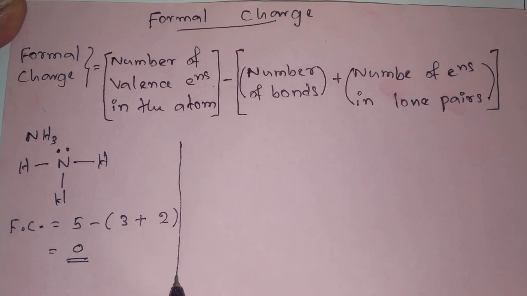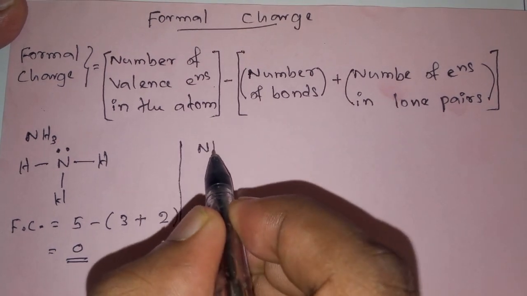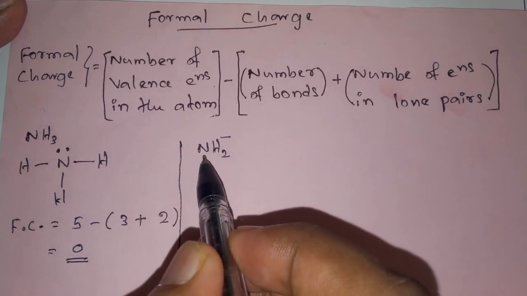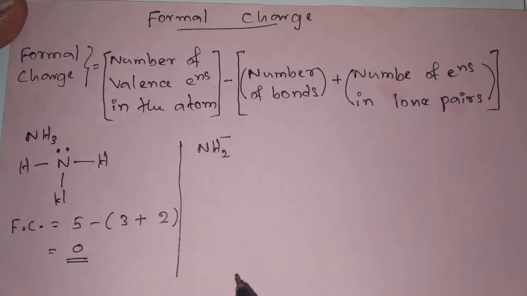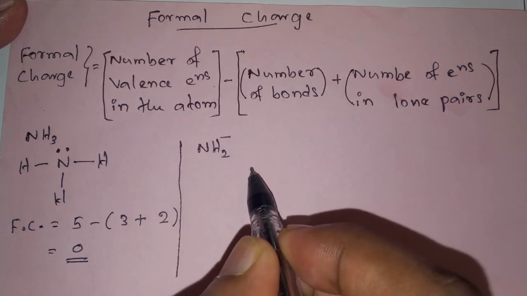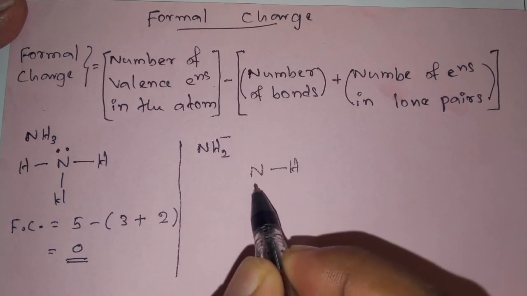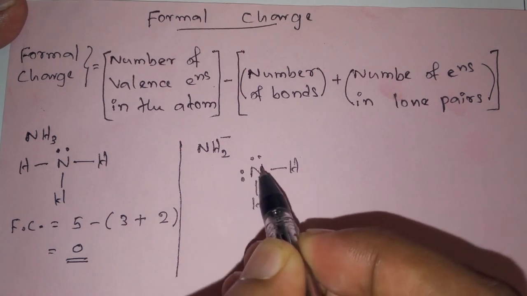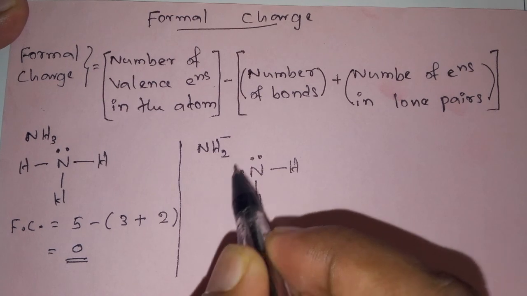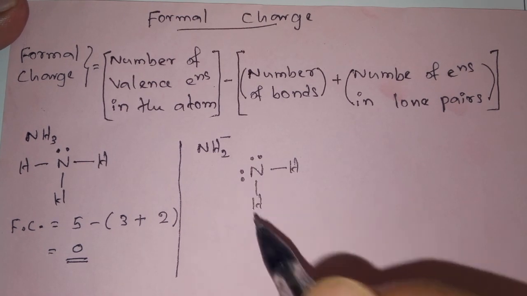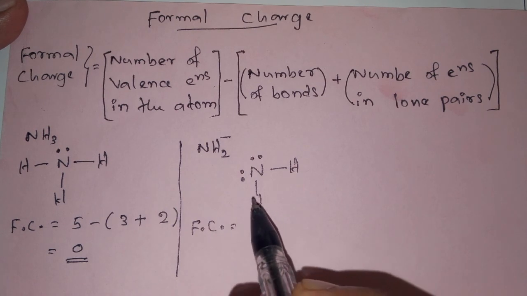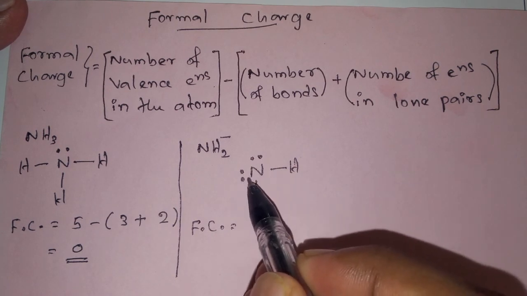Let's see another example too: NH2 minus. I'm going to find the formal charge of nitrogen in the NH2 minus ion. First, you have to draw the Lewis structure of NH2 minus. We can see it has 4 lone pair electrons. Then formal charge is equal to the number of valence electrons in nitrogen.